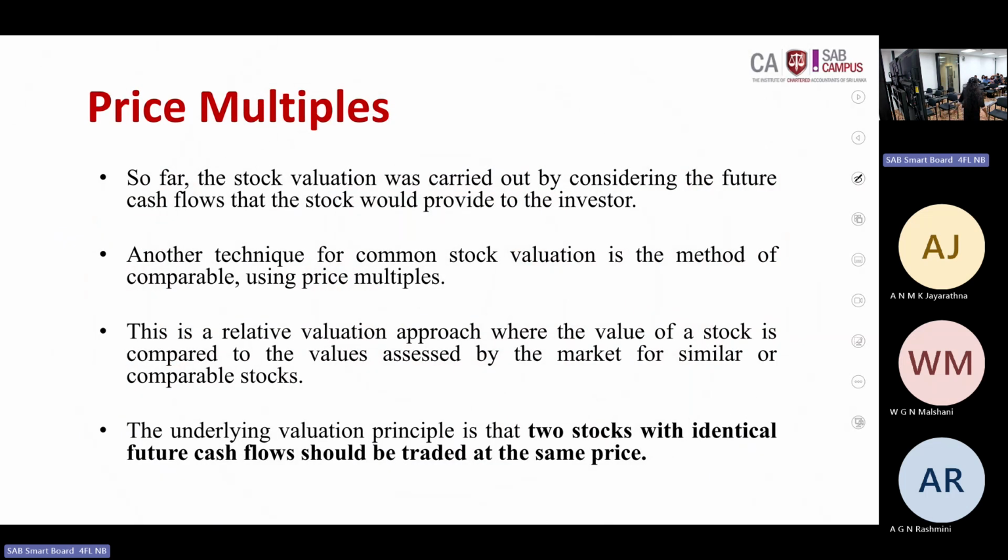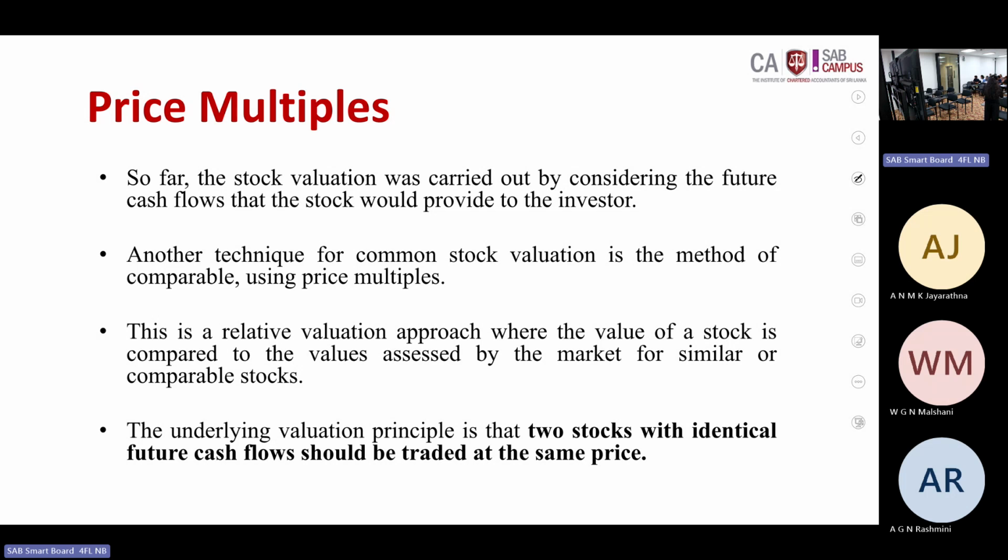Okay. So we had two models. The first one is DDM, and the other one, what is it? Price multiples. DDM considered growth rate, the holding period, as well as the time value of money.